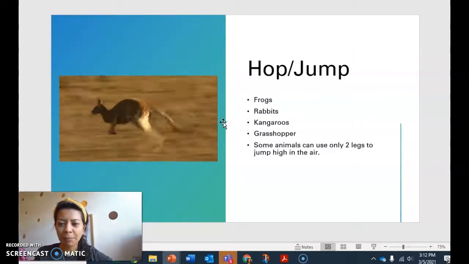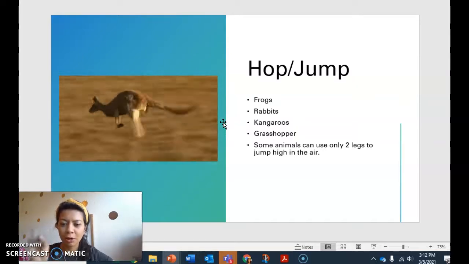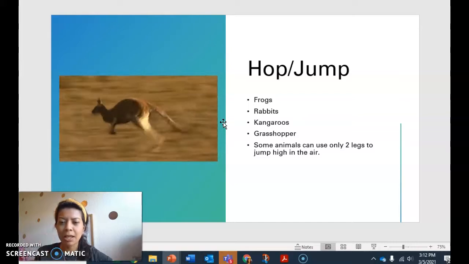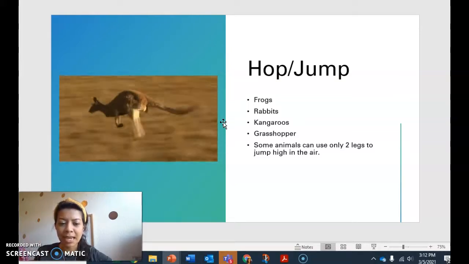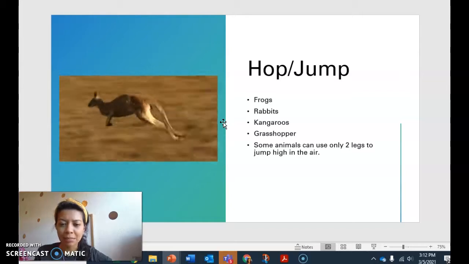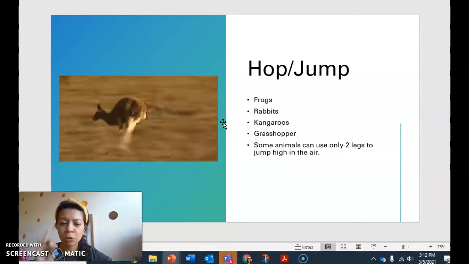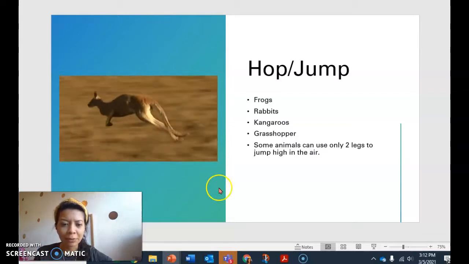Here we have hopping or jumping. We know that frogs, rabbits, kangaroos, and grasshoppers can hop from one place to another. Some of these animals can jump really high up in the air. And some of these animals only use two legs to jump high. Here we see a kangaroo.